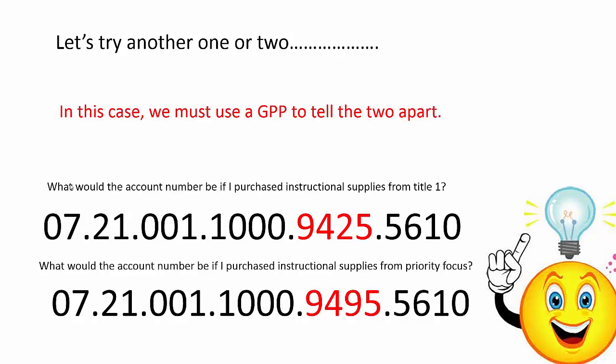For priority focus, we would use the GPP of 9495, 9496, etc., depending on the fiscal year we are in. Now you can see why the GPP can be so important to us.